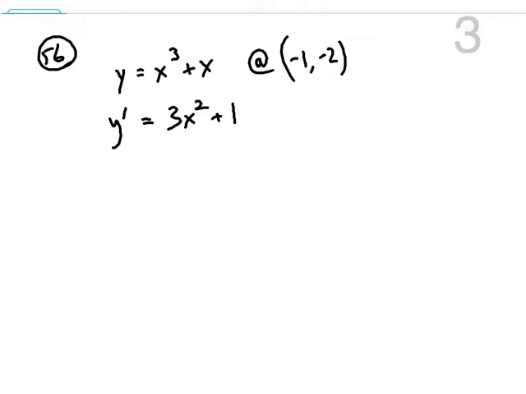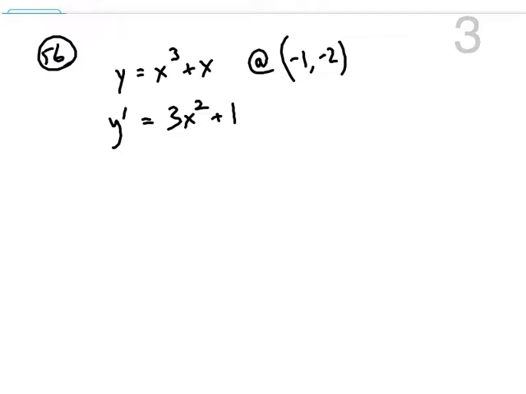That's a general equation of the slope. I want a specific value because you can't plug that into a tangent line equation. I need an actual numerical slope. How do I find a numerical slope? You just plug in -1. Perfect.